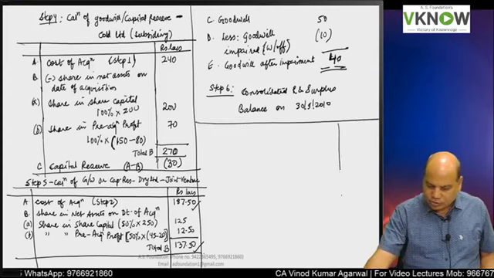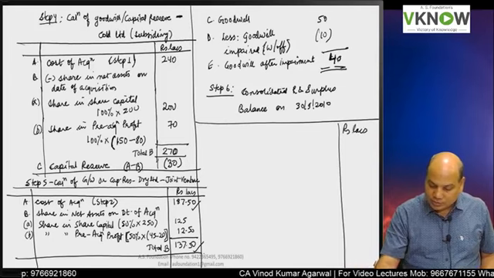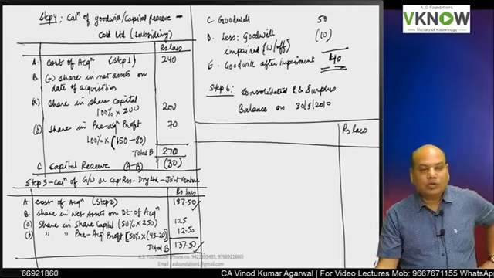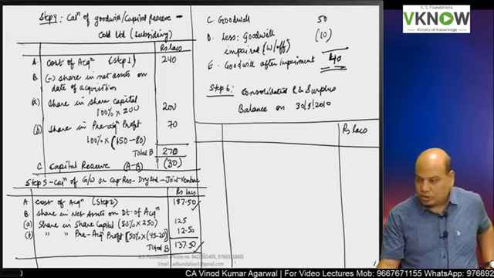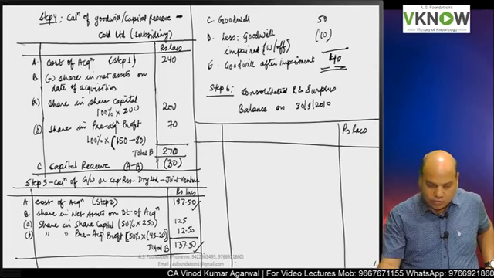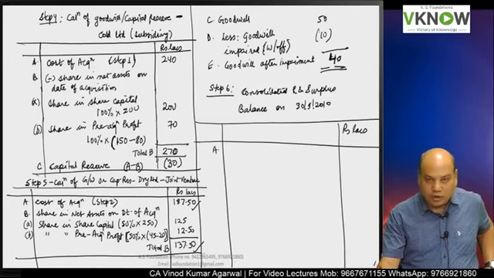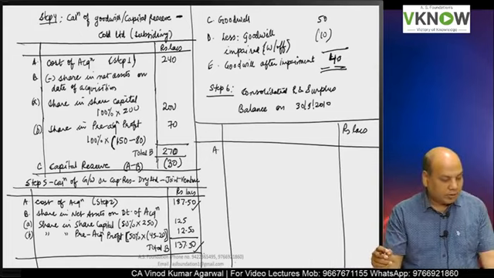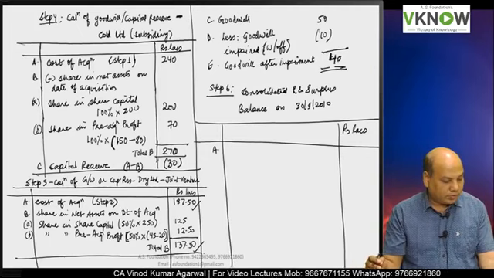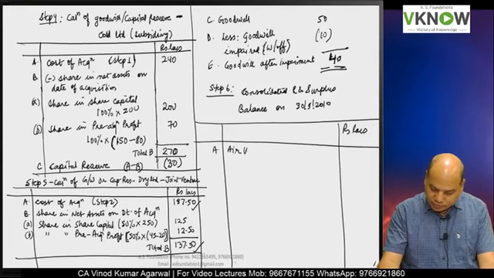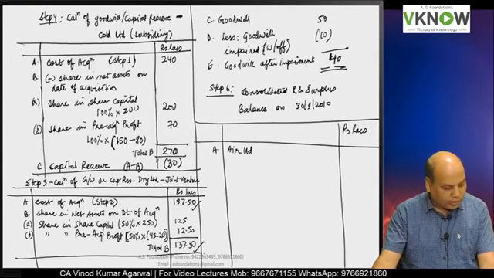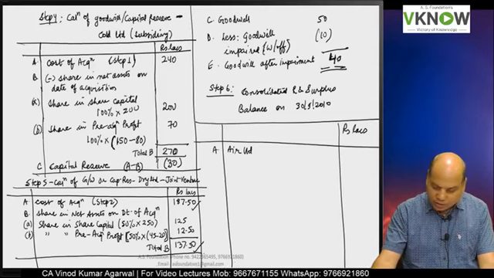Now we have to also find out how much will be reserve and surplus on the date of consolidation. So how do I find it? I have to first take reserve and surplus of parent company Air Limited. Air Limited full amount, reserve and surplus, retained earning, rupees in lakhs 208.